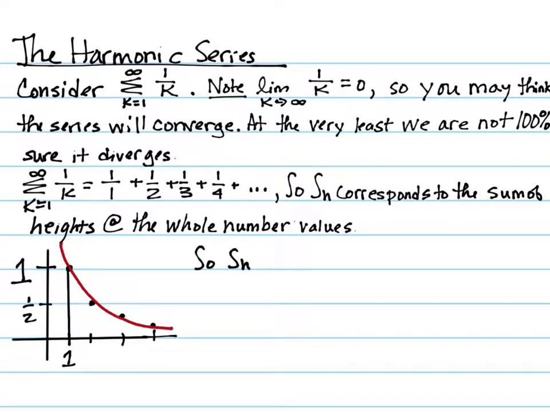You guys familiar with doing that, right? And the rectangles would have the height of the value on the left. And you can see that each of those heights actually overestimates the area under the curve, correct? Okay, so the S sub n is actually greater than or equal to the area under the curve.